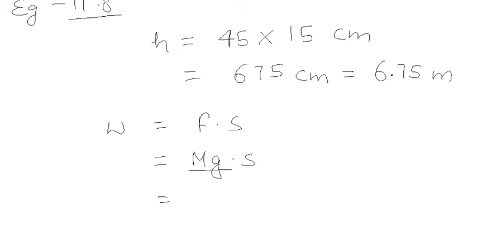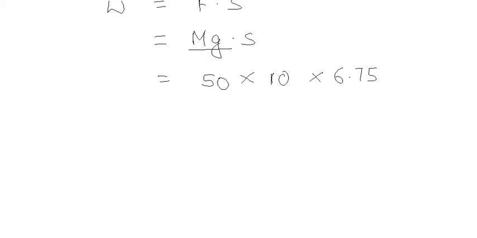So here mass is 50 kg, gravitational acceleration g is 10 meter per second square, and displacement is 6.75 meter, which equals 3375 joule.